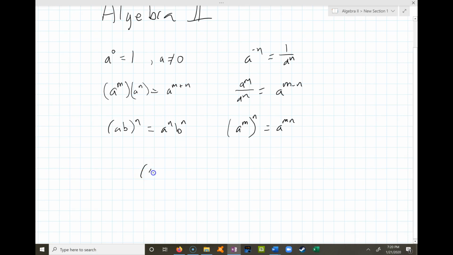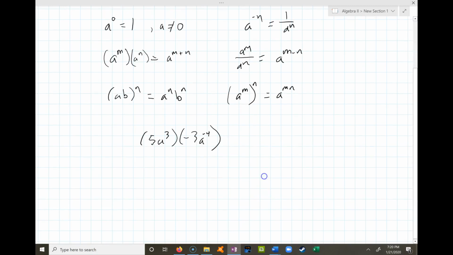So for example, if I have 5a to the 3rd power times negative 3a to the negative 4 power. Of course, it doesn't change all the other things that we already know. In this case, we're multiplying. So we're multiplying by a whole bunch of things. We're multiplying 5 times a times itself 3 times, and then times negative 3, and then times the reciprocal of a 4 times.